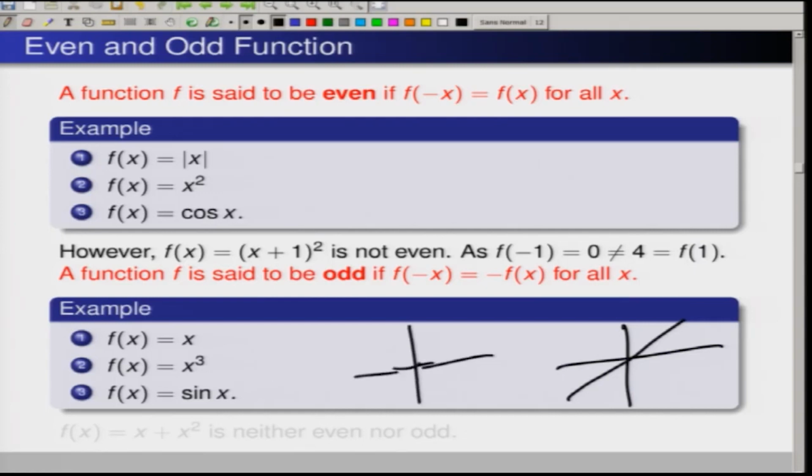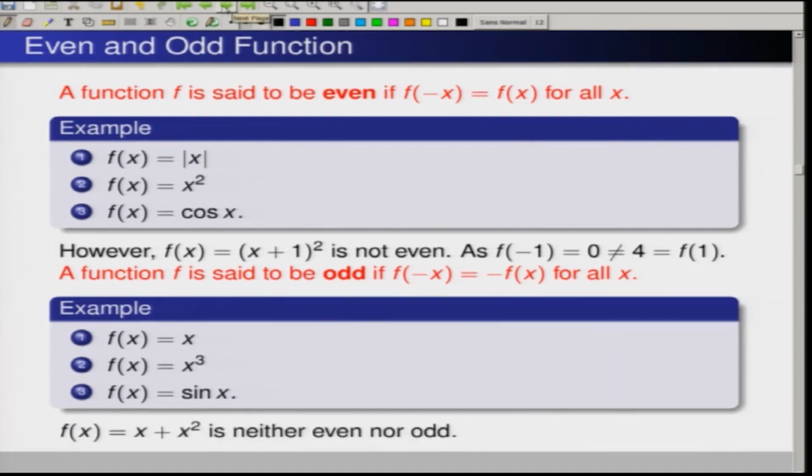Sin x is like this, and on the negative side it will look like this. So, f of x equal to sin x is an odd function, f of x equal to cos x is an even function. Now, if we look at f of x equal to x plus x square, it is neither even nor odd.